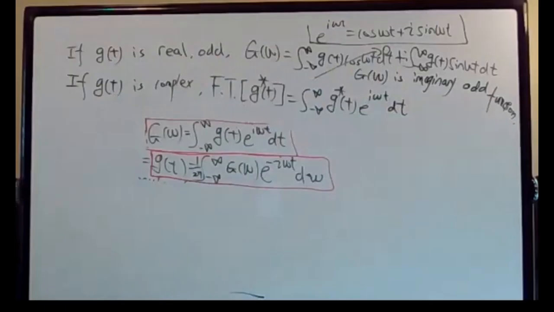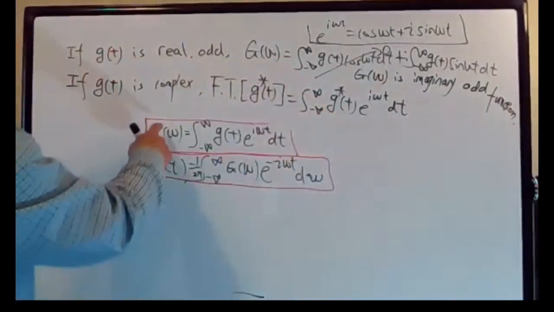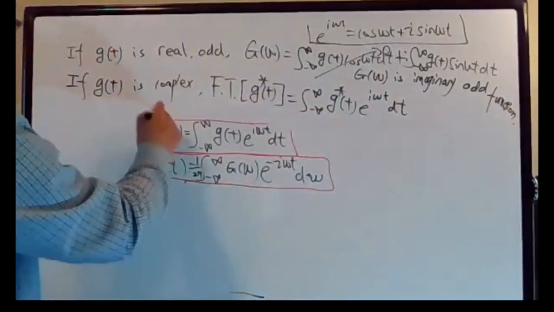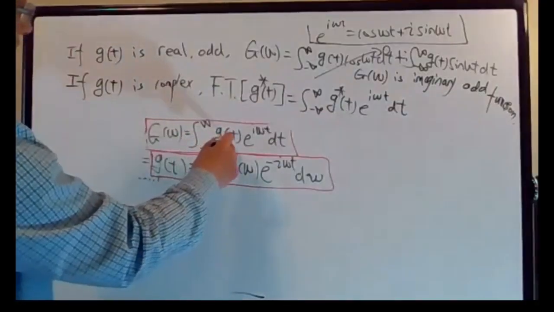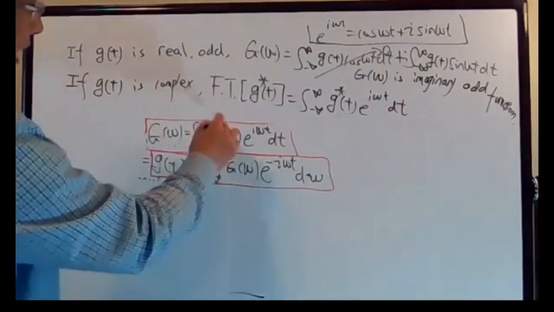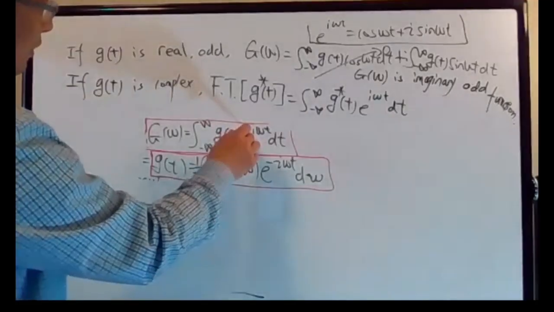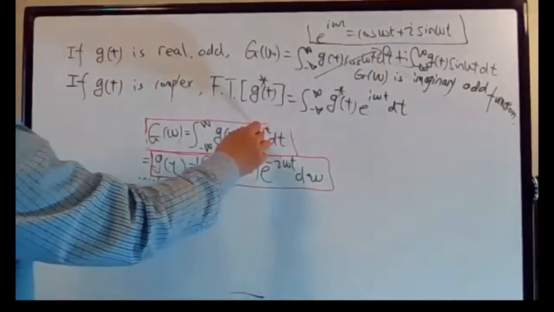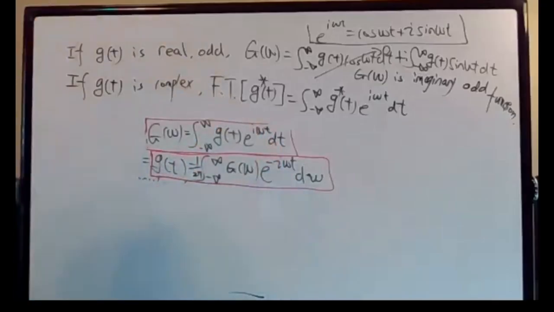Okay, so now we will have this. Now let's look it up. It is the conjugate. If I take a G(omega) conjugate here, then we have g(t) conjugate, and then we have another negative. Let me put the negative there, so it is the negative omega.